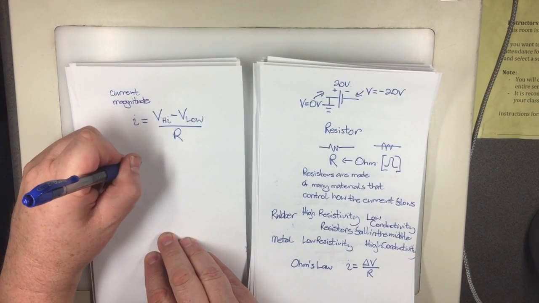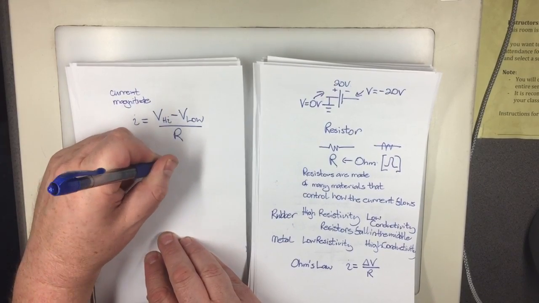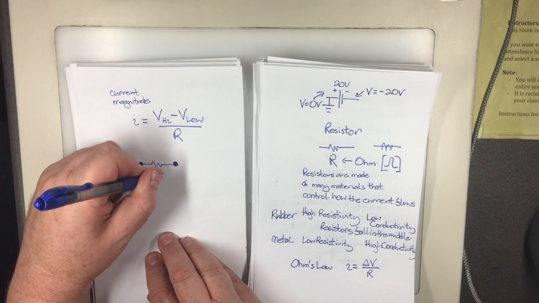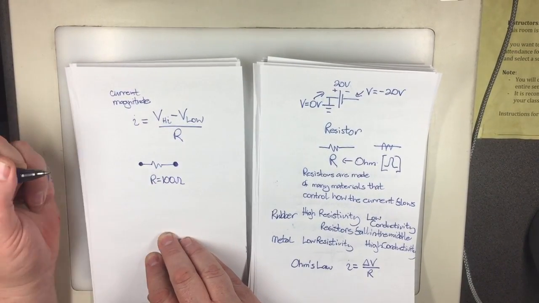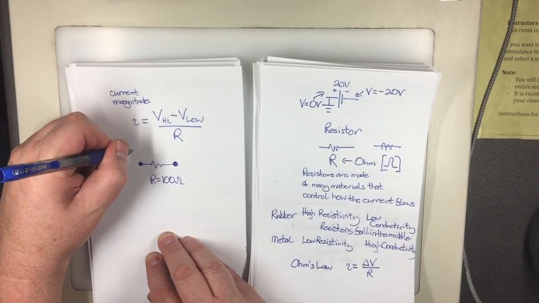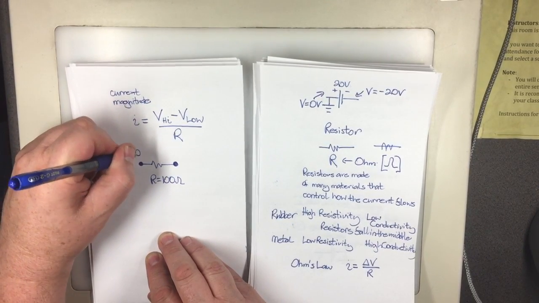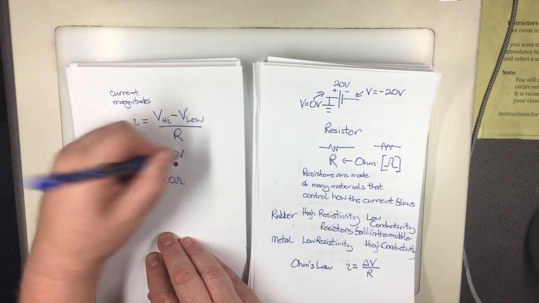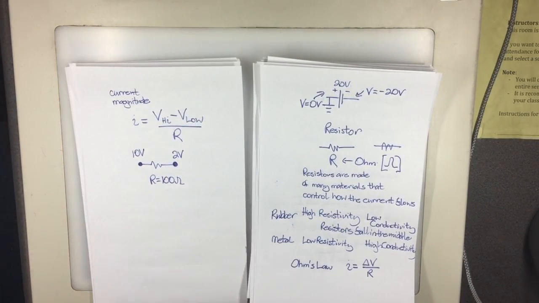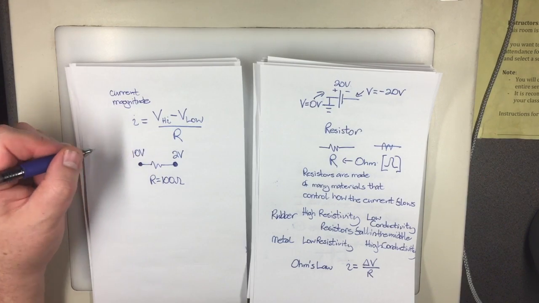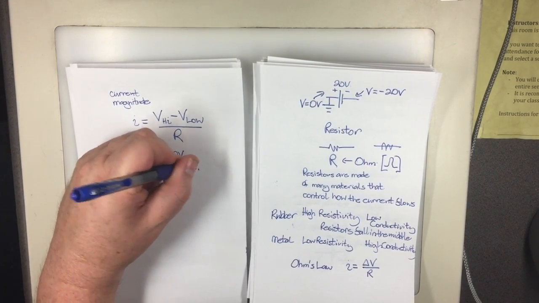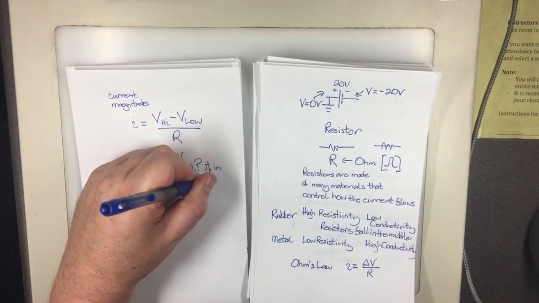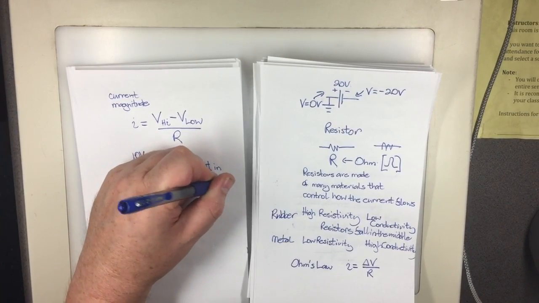So if I have a wire with a resistor on it, and the resistor had a resistance of 100 ohms, and one of the potentials is 10 volts and the other potential is 2 volts, I want to know what is the current and in which direction.